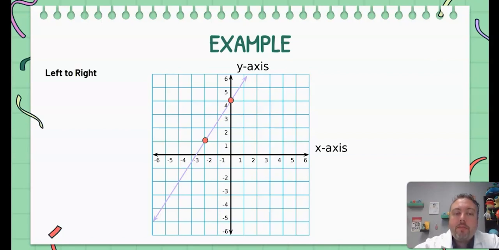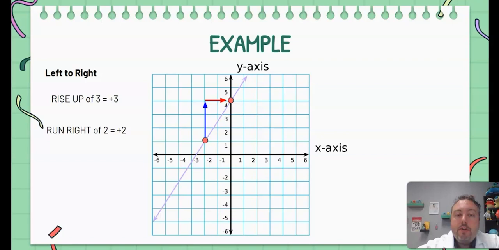Now, there are 2 different ways we can read rise and run. We can go from left to right. So start at the point on the left and go towards the point on the right. I do the rise first. That means I count up. As I count up, I go up 3, which corresponds to +3 because the up direction is positive.